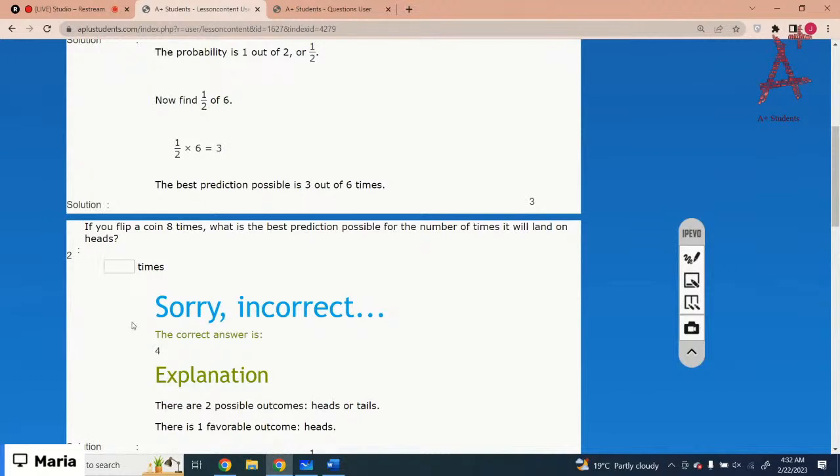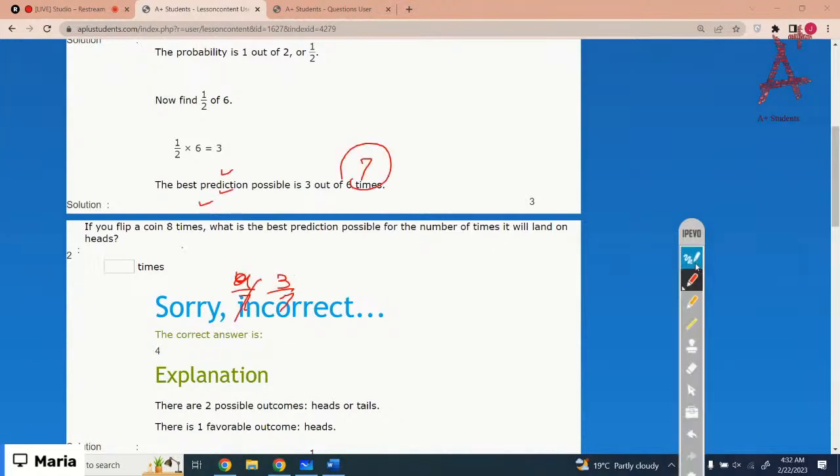If you flip a coin 8 times, what is the best prediction possible for the number of times it will land on heads? First of all, you have to calculate the probability of the coin landing on heads. Got it? That is a two-step problem.